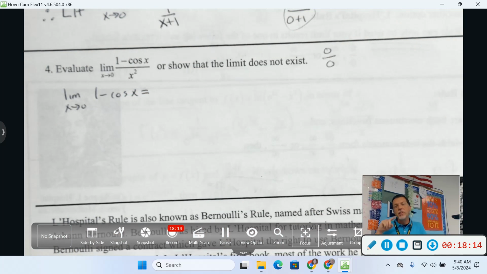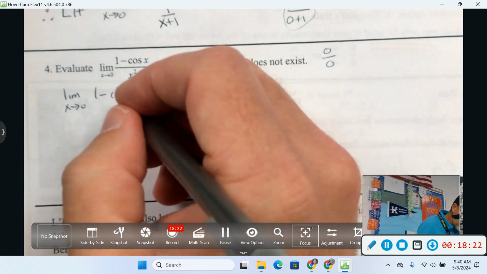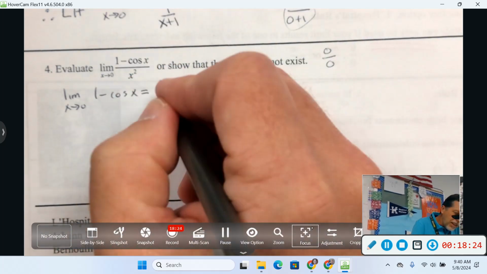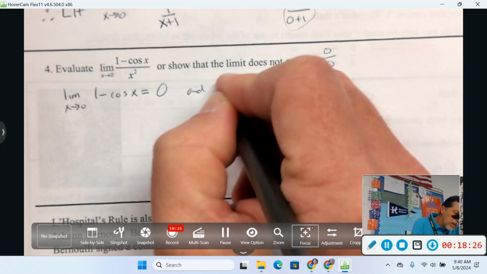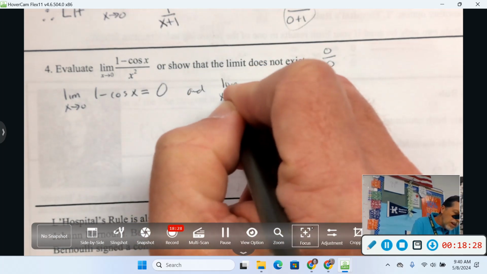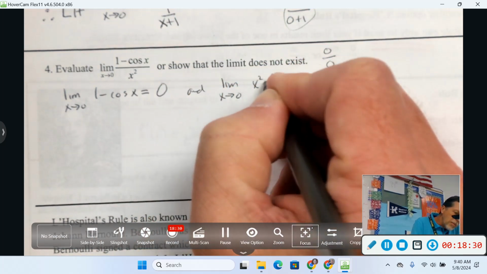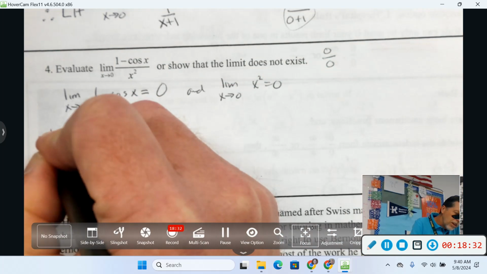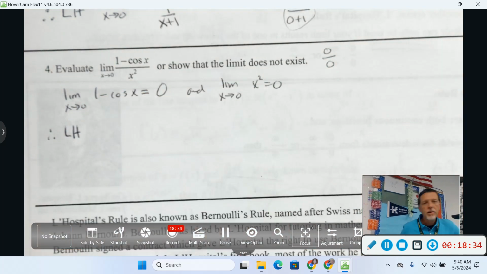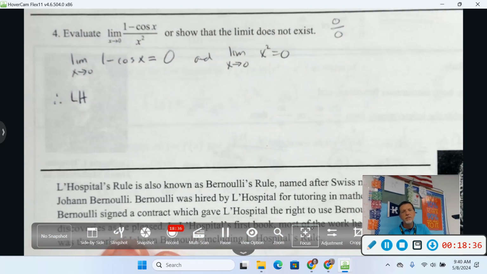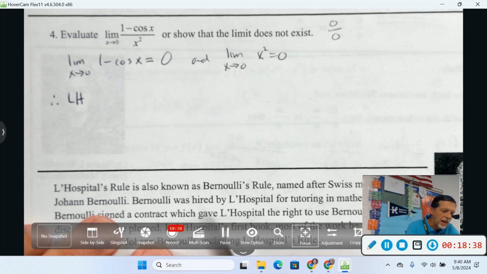Again, this is the annoying part of the problem, because I already know it's 0 over 0, so I'm going to use L'Hopital, but I've got to show this statement, that the top is 0 and the bottom is 0. Okay, now you're unlocked access to L'Hopital by showing that.